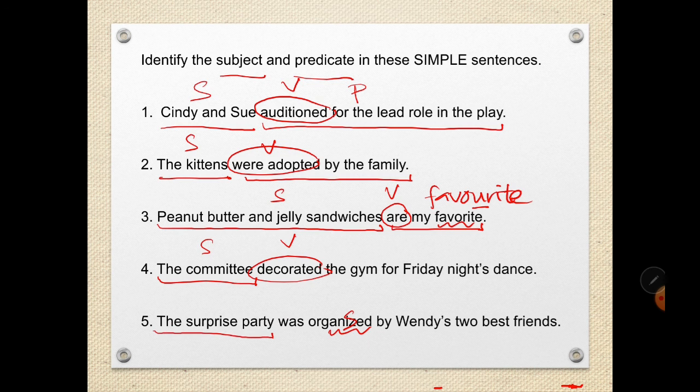The surprise party is the subject. Was organized is the verb, and was organized by Wendy's 2 best friends is the predicate. So all of these 5 sentences are what you call simple sentences.